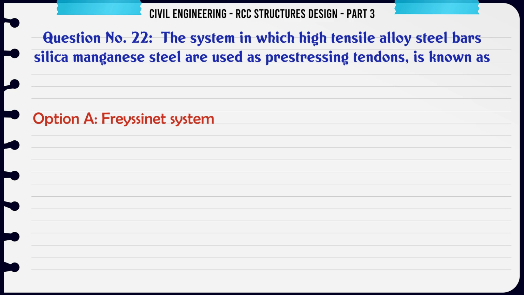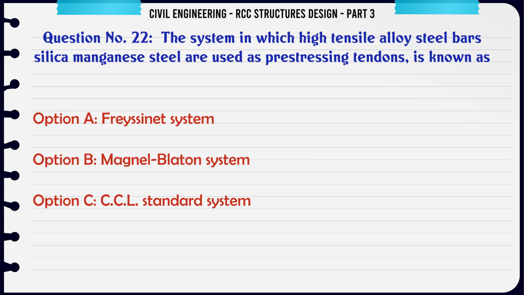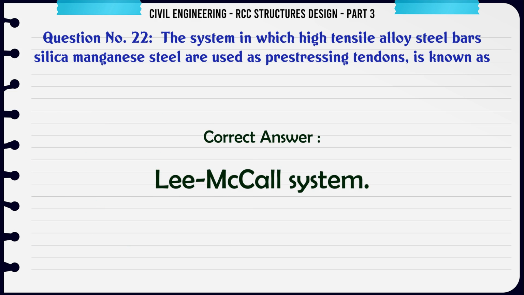The system in which high tensile alloy steel bars, silica, manganese steel are used as prestressing tendons is known as A. Freycinet system, B. Magnel-Blaton system, C. CCL standard system, D. Lee-McCall system. The correct answer is Lee-McCall system.